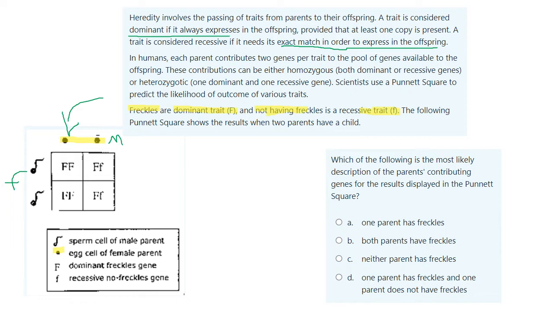Which of the following is the most likely description of the parents contributing genes for the results displayed in this Punnett square? So here, all of them on this side have a capital F. So this must be capital F.